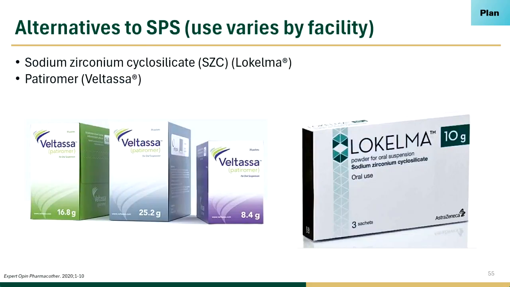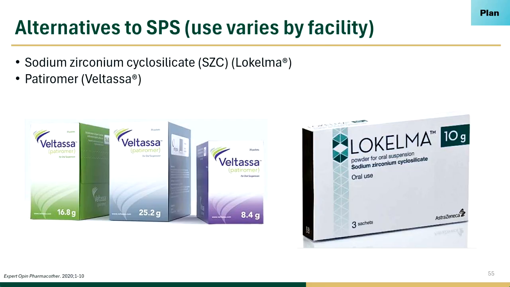All right, since I first started teaching this, we do have other alternatives to SPS that are out now. I do have a note here that the use of this will vary by the facility that you're in. So you may be at a hospital that does not carry either one of these products, or you may be at a hospital that only carries these products. The data behind both of these is stronger than the data behind Kayexalate, but they are much more expensive.